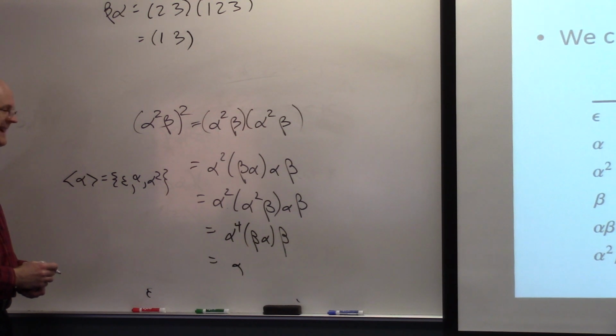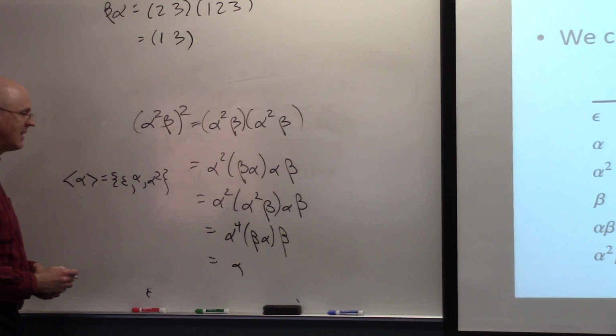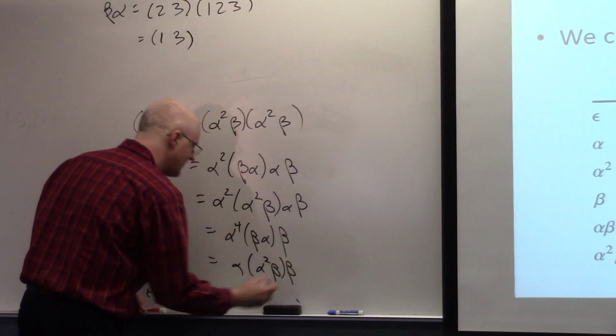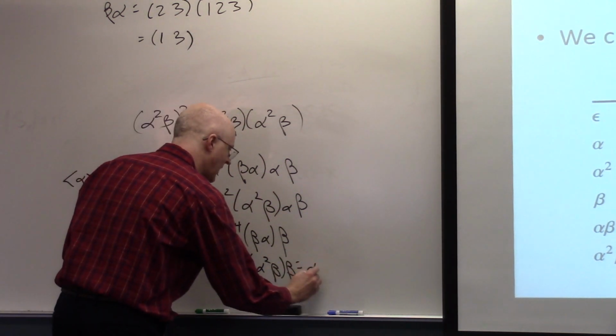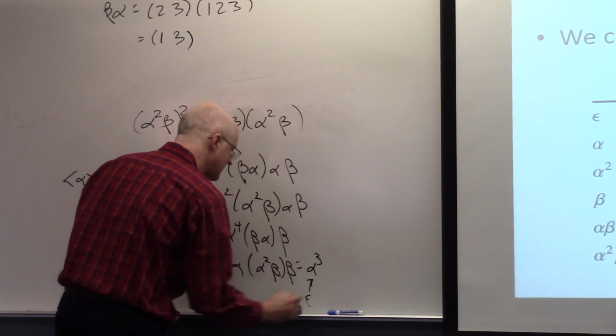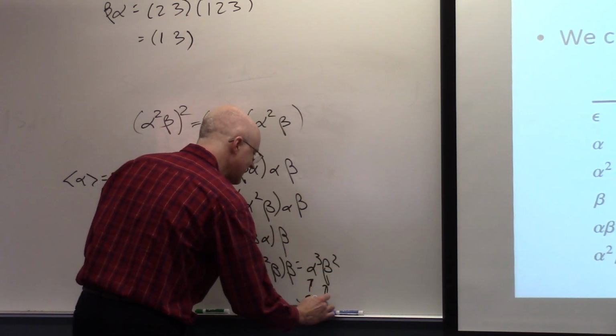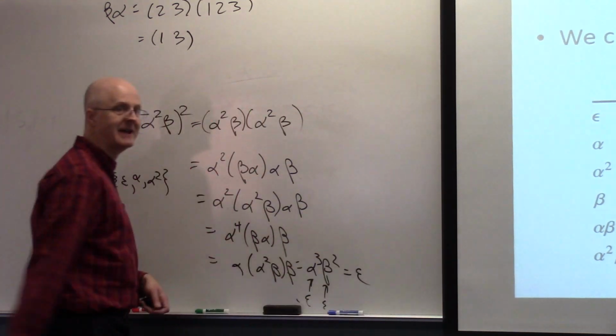Alpha cubed is back to the identity. Alpha to the fourth is alpha. Replace beta alpha with alpha squared beta. We get an alpha cubed, which is the identity, and a beta squared, which is also the identity. We get the identity.